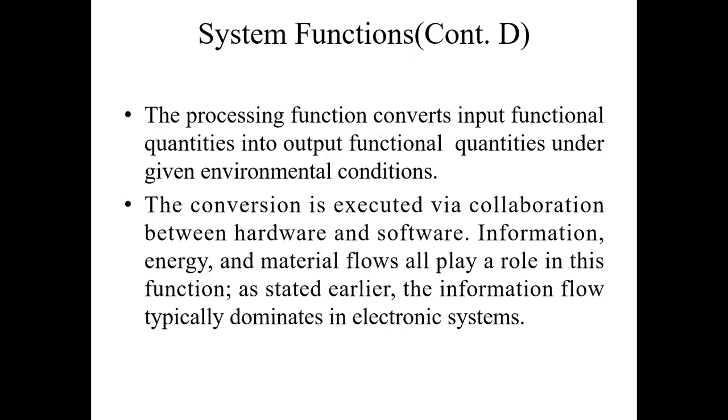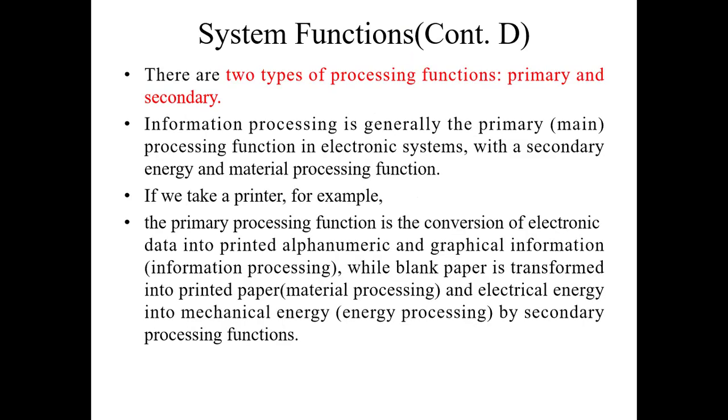This information flow typically dominates all electronic systems. Anyhow, we have two types of functions, primary function and secondary function. Suppose the information processing is generally primary. It's the main function of an electronic system. And it has the secondary, that is the energy and material processing functions. Suppose a printer is an example.